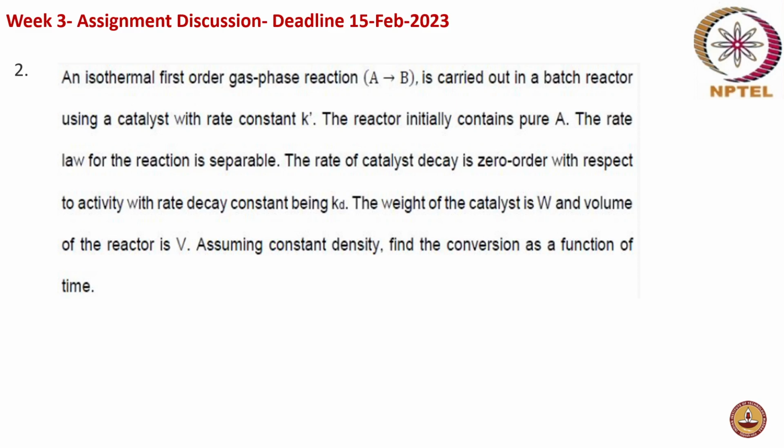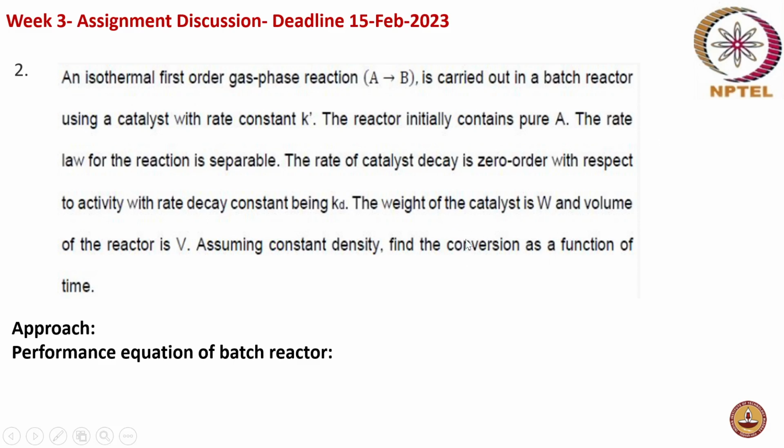So, how do you approach this problem? First of all, they have given that the reaction is carried out in a batch reactor, and in the question they have asked to find the conversion. That means immediately you have to write the performance equation for a batch reactor, correct?